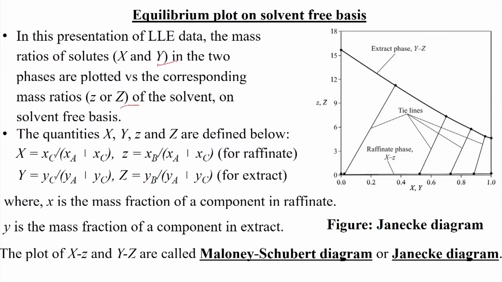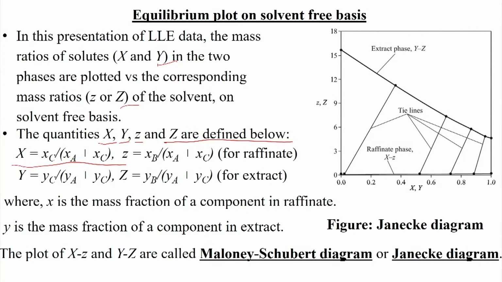The quantities capital X, capital Y, small z and capital Z are defined like this, and we need to remember them. Capital X is equal to small xc by small xa plus small xc, and small z is equal to small xb by small xa plus small xc.